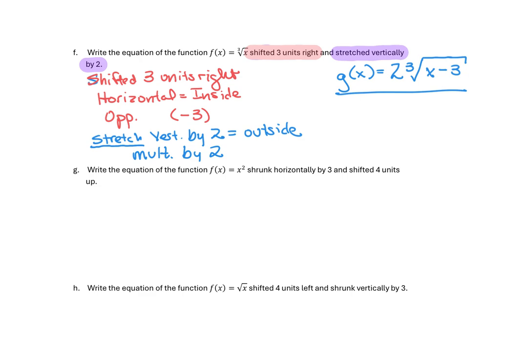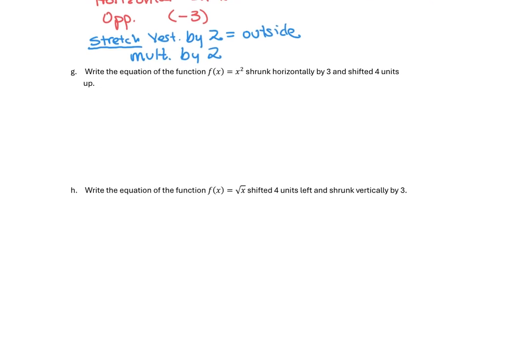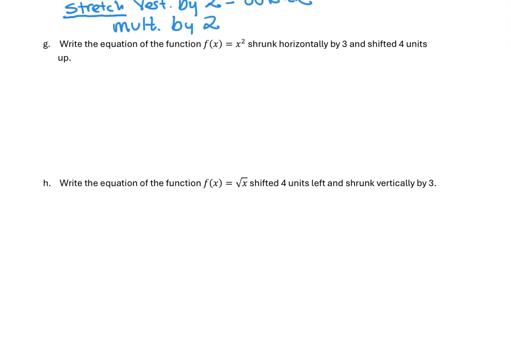All right, let's try a couple more. For example G, we have f of x equals x squared, so I'm going to start with that. We have something squared. The first thing that we are told is that this is going to be shrunk horizontally by 3.